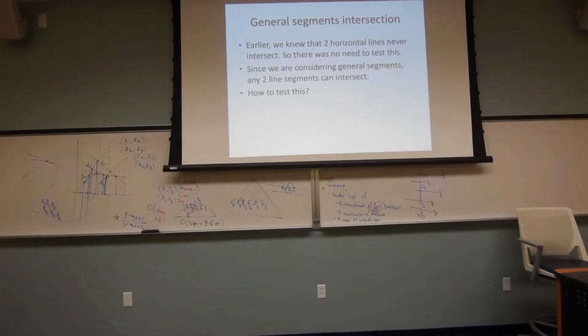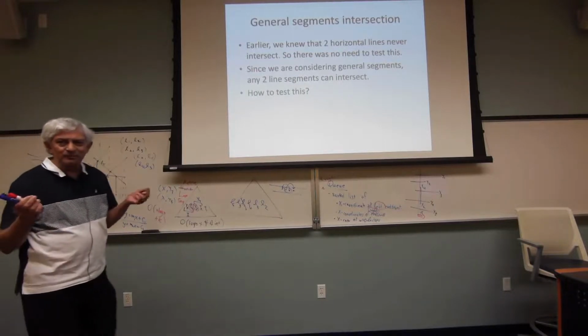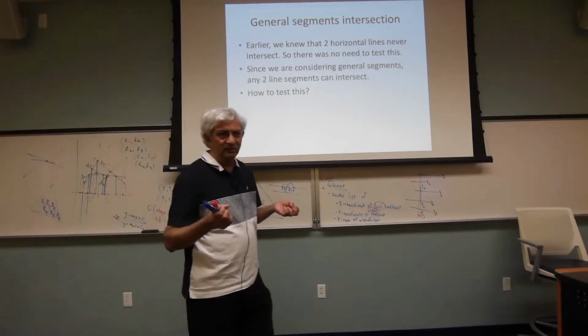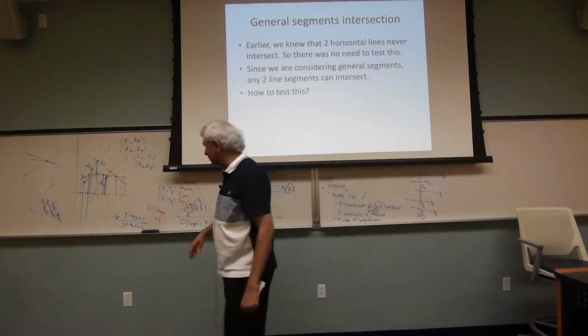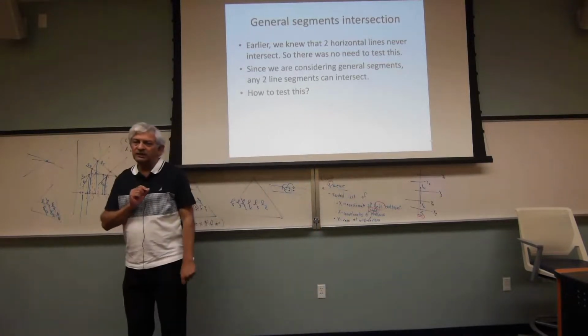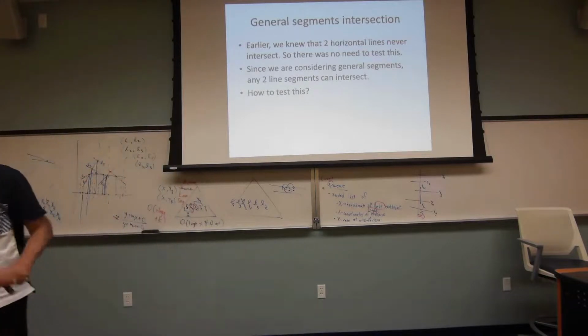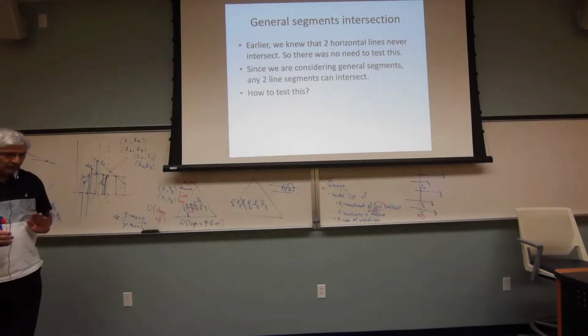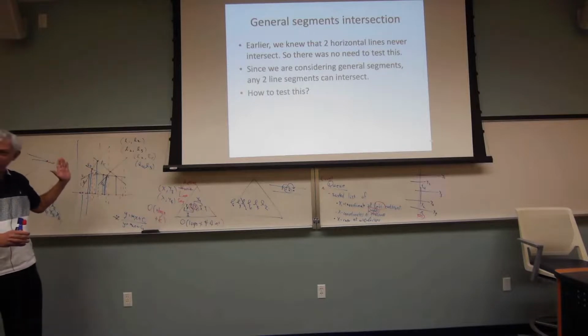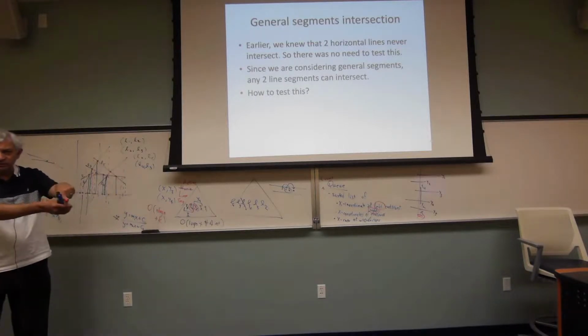Very, very simple. So when we sort, it's the comparison operator that needs to be changed. The comparison operator is going to take an x value and use that to decide which one is above which one. And whichever is above the other at one point will remain that until those two intersect.